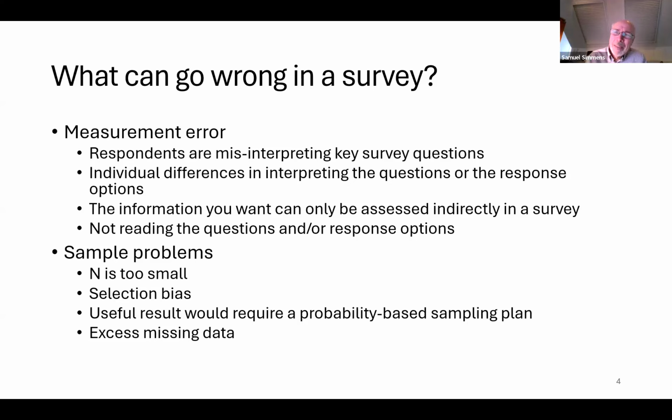Typically that's very expensive to implement. It would be extremely unusual, for example, in a CFAR pilot study, for someone to initiate a probability-based sampling plan, but it is conceivable. The reason it's not common is because it can be difficult to implement, and in many cases just impossible to do. So you rely on convenient samples.